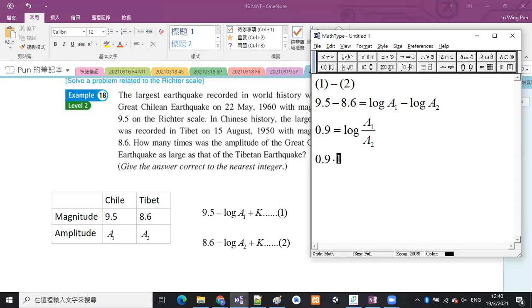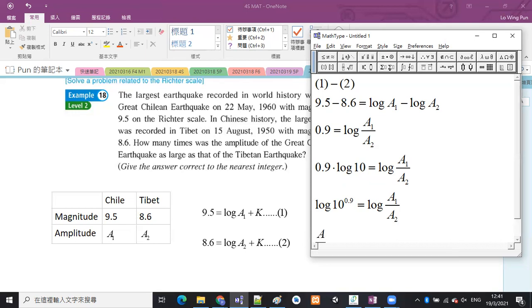我哋咪乘個1俾佢，sorry，乘1俾佢。而呢個1，我哋就會寫成 log 10 base 10。OK，and then the 0.9 should be put back to the index of the 10. Okay, and now we are able to delete the log at this step.